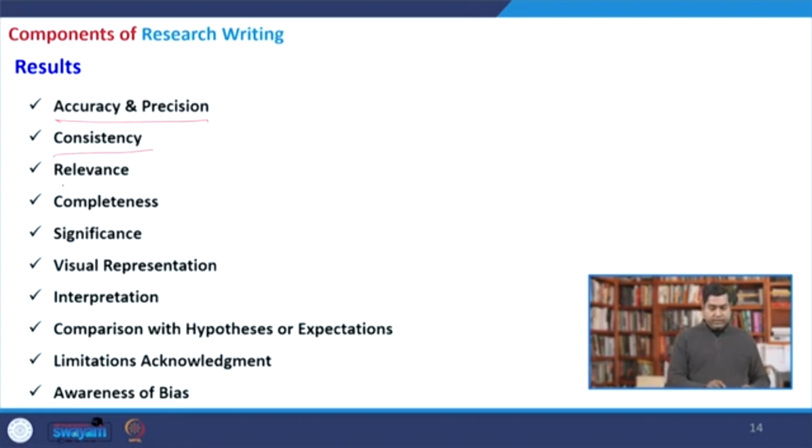Consistency should be there, so that you do not claim something somewhere and then change your argument. Then the relevance of the particular result in the argument. Say you are researching the perception of male and female towards public transportation in a city.